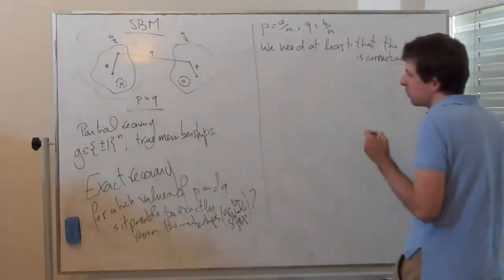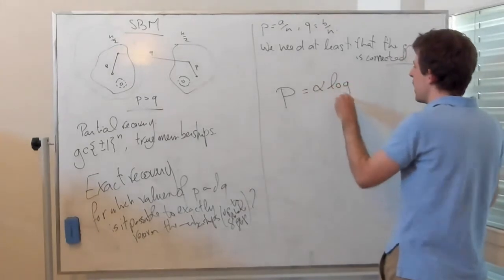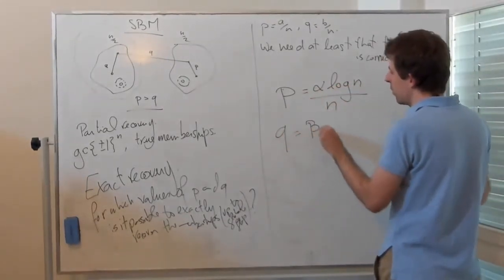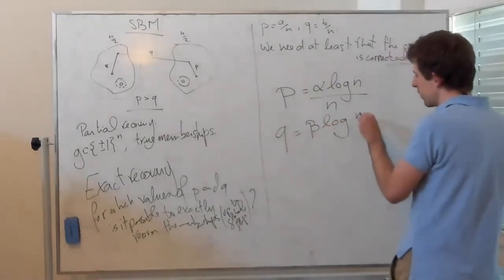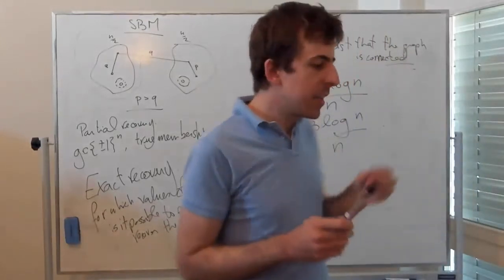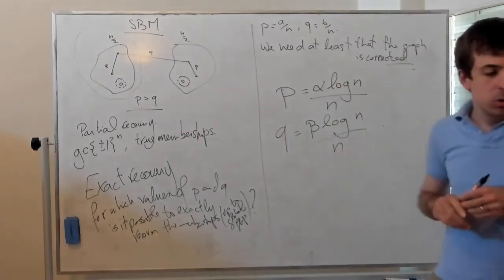So the right regime to look at is when p is some constant alpha times log n over n, and q is another constant beta times log n over n. For asking about exact recovery, these are the right thresholds to look at.